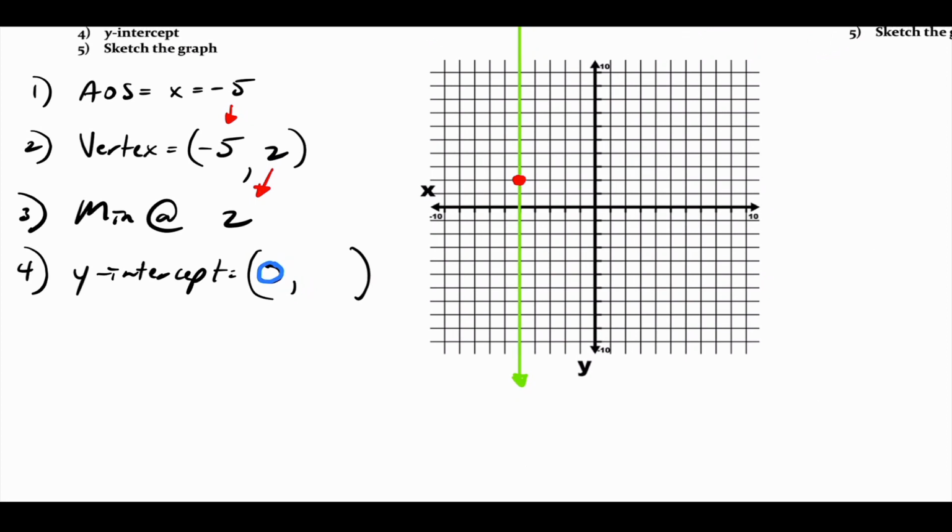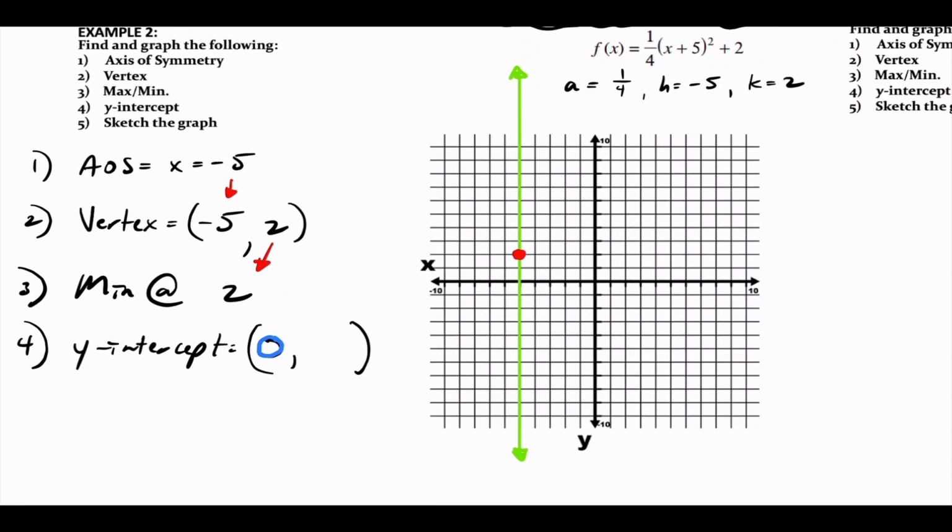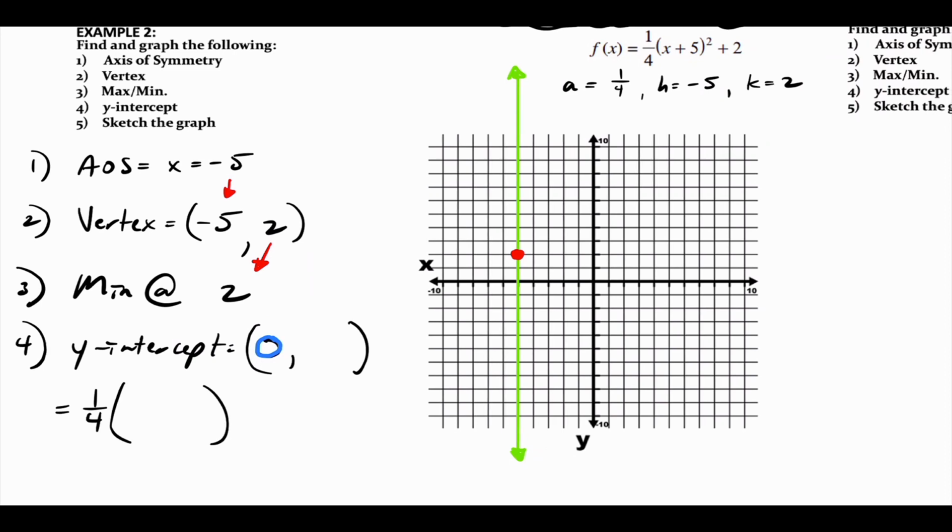Okay, so let me plug it in. So I have 1/4 parentheses 0 plus 5 squared plus 2. Especially when it's a fraction, don't even mess with it.